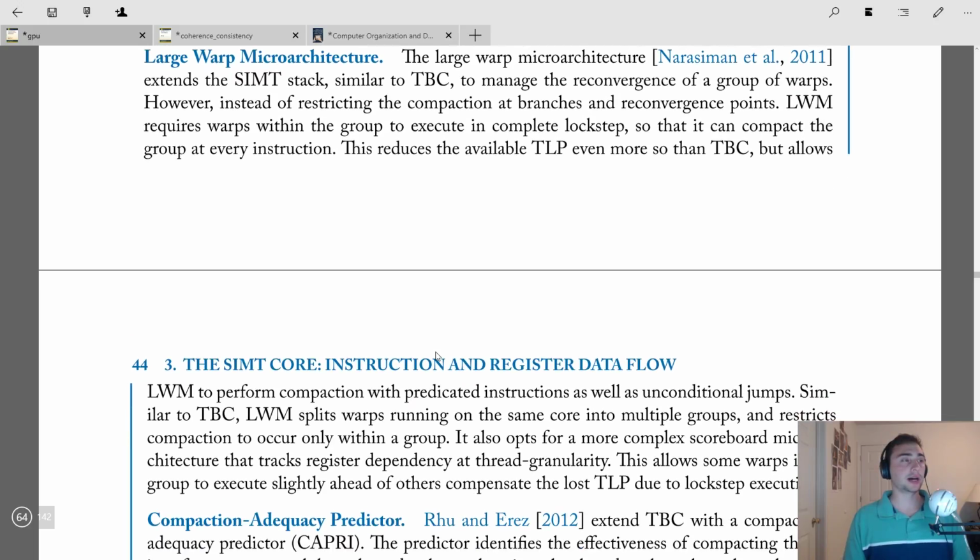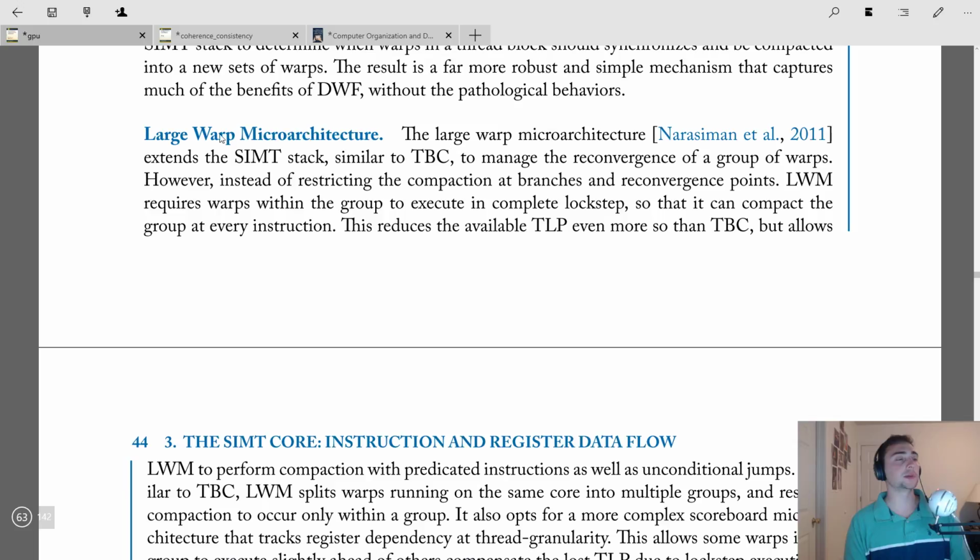All right, so moving on to something slightly different. Let's talk about large warp microarchitecture. In LWM, or large warp microarchitecture, so this was a paper in 2011, this extends the SMT stack, similar to thread block compaction, to manage the reconvergence of a group of warps, right?